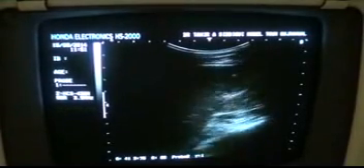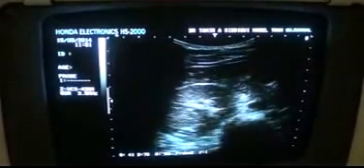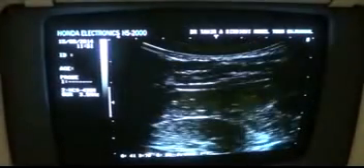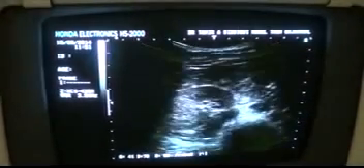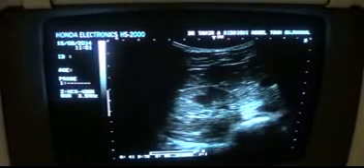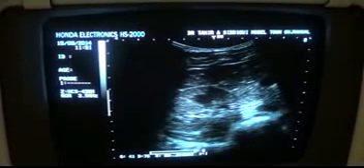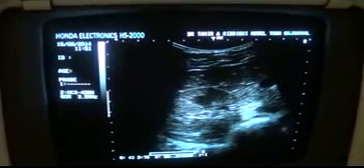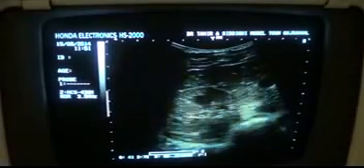Now, see in transverse section even, you will find that the echogenicity of the cortex is much raised as compared to that of the adjacent parenchyma. Now let's see the left kidney, the other kidney.